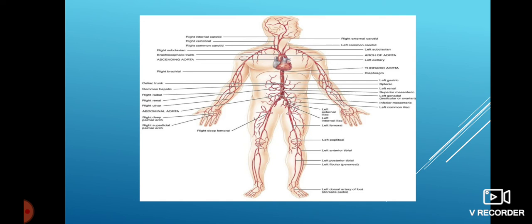Then the remaining 1/4 of the transverse colon, descending colon, sigmoid colon, rectum, and anal canal up to that level are derived from the hindgut, and this hindgut is supplied by the inferior mesenteric artery. So it is very clear that the superior mesenteric artery, inferior mesenteric artery and celiac trunk supply the different parts of the gut, that is foregut, midgut, hindgut. That's why they are called the artery of the foregut, artery of the midgut and artery of the hindgut.